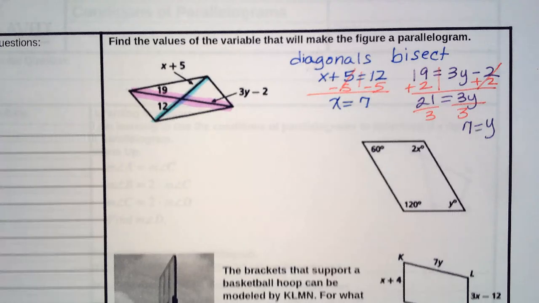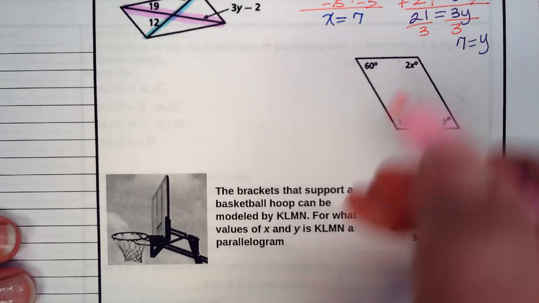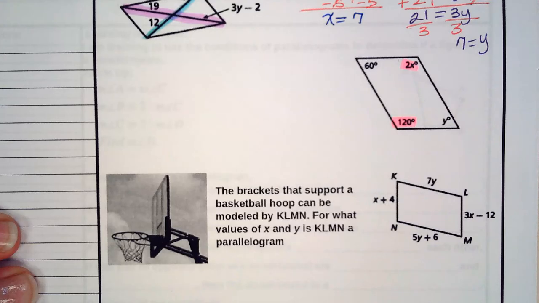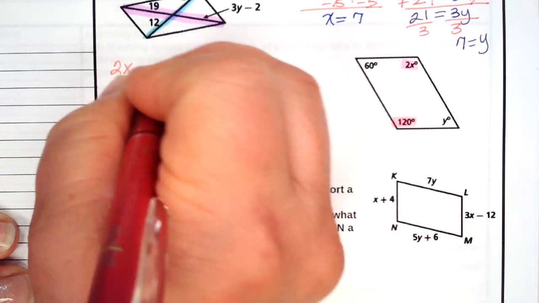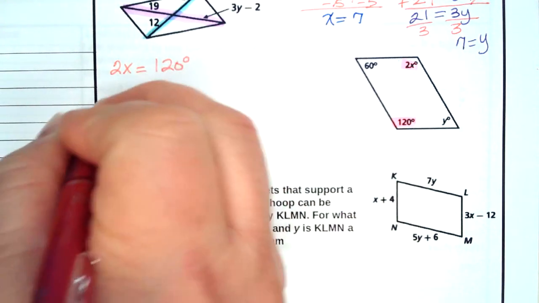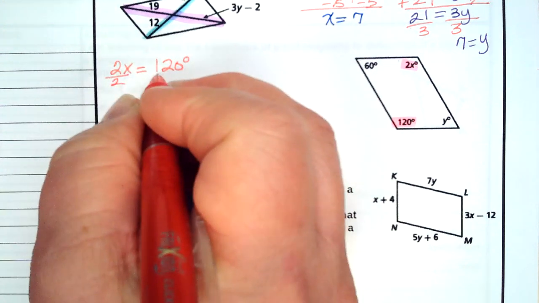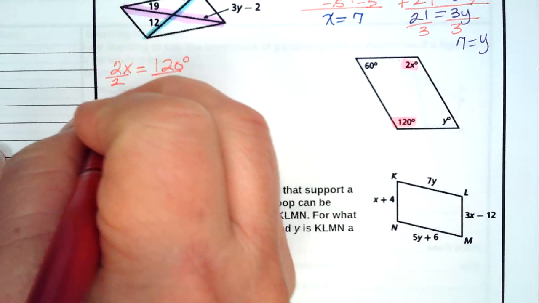Okay, for the next one, we know that opposite angles are what? They are congruent. So I know that 2x is going to be equal to 120. So divide both sides by 2, and x will be equal to 60 degrees.